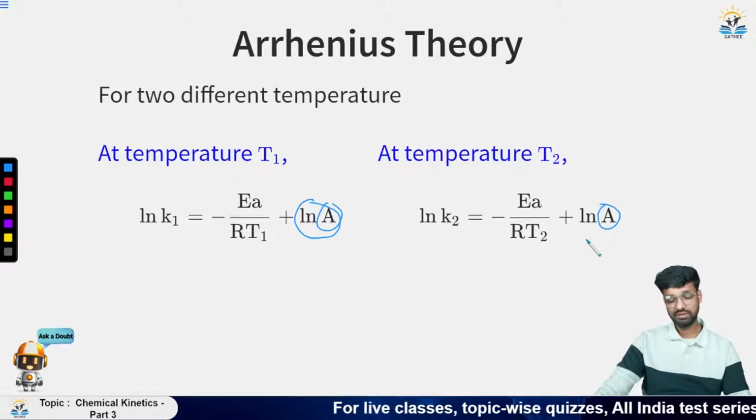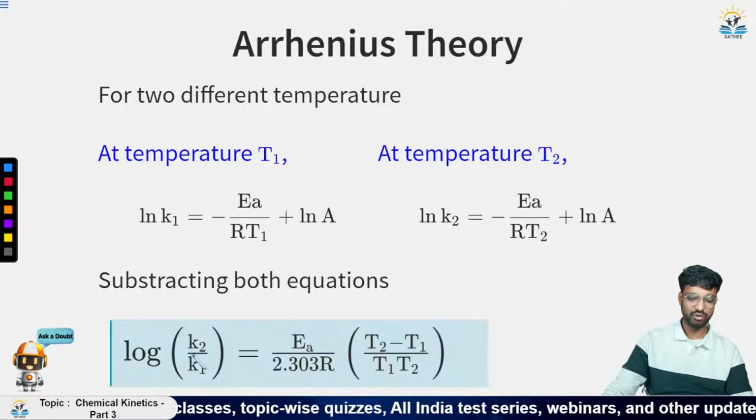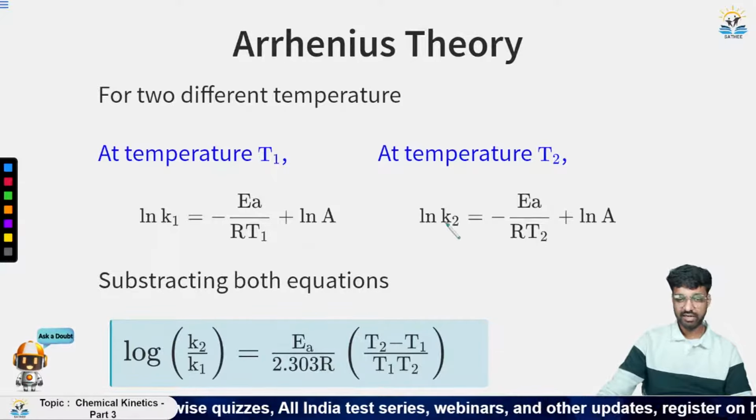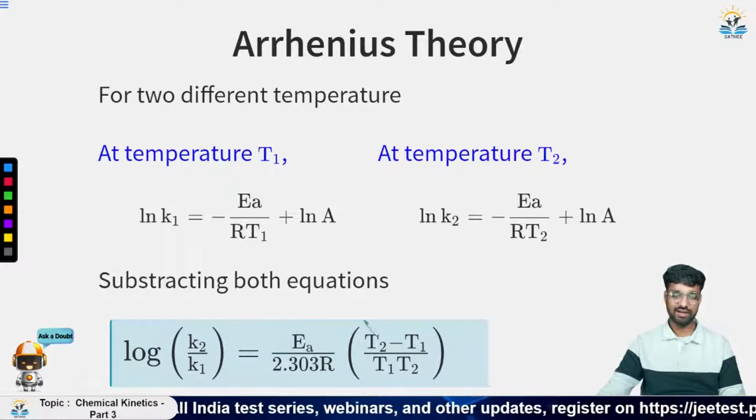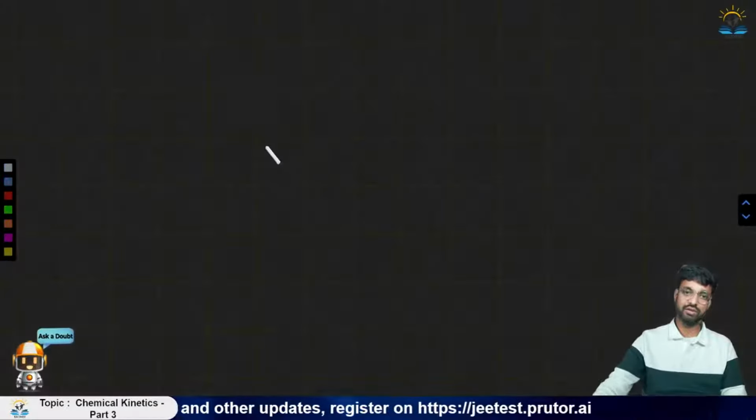Okay, now if we subtract both of these equations, that is ln K2 minus ln K1, you will get this final equation. If you want, you can derive it yourself also.